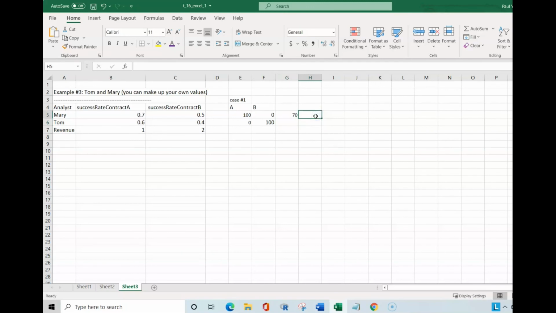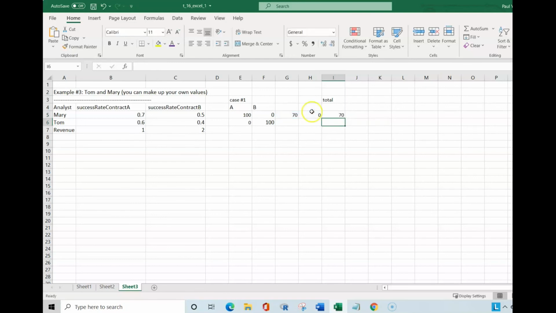For type B, it's number of the projects. Sorry, this should be F5. I'll copy and paste because Mary doesn't take any project type B. That is 0. The summation will be G5 times H5, sorry, plus.